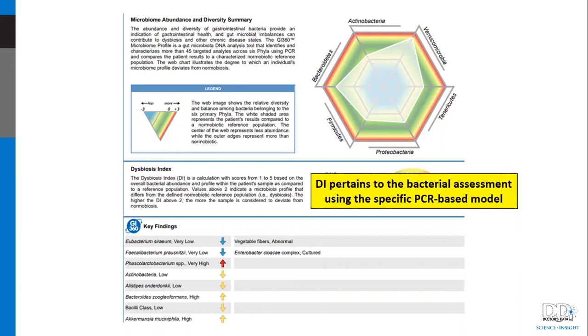This dysbiosis index does not include the influence of dysbiotic bacteria, yeast, parasites, or even viruses that we find in subsequent panels of the test, okay? So just from this PCR model.